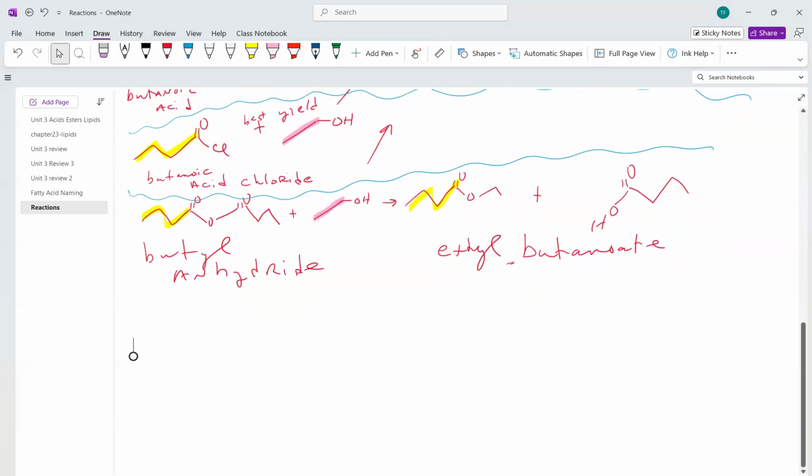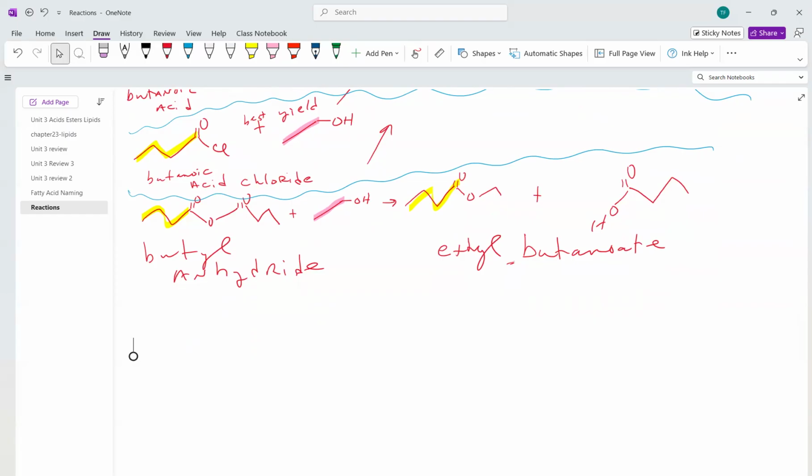Okay, so one of the challenges in organic chemistry is multi-step synthesis. So this is a one-stepper, the simplest kind of reaction. Now, multi-step reaction has 2 or more single steps put together.